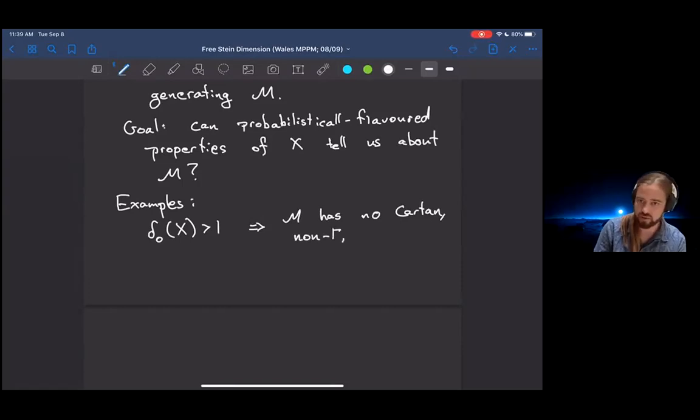And it is prime. Which is to say it does not decompose as a tensor product of two infinite dimensional factors. And these results are due, the first two items are due to Voiculescu, and the final one is due to Ge.